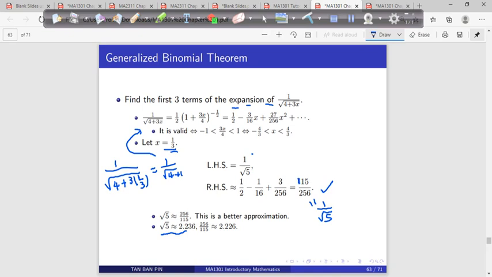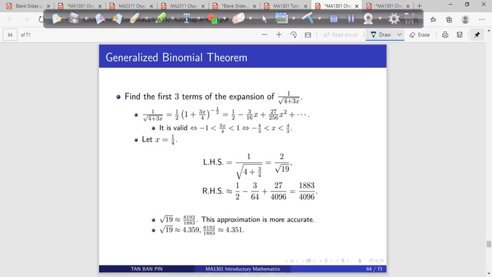So square root of 5 can be approximated by 2.226 if you use x as 1/3 and start by the x squared term. So you'll find this is more accurate. The actual value of square root of 5 is 2.236, and you use only until the x squared term with a smaller x at 1/3, you get the first two decimals 2.2, so it's actually quite close already.